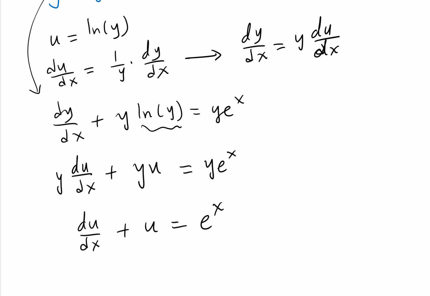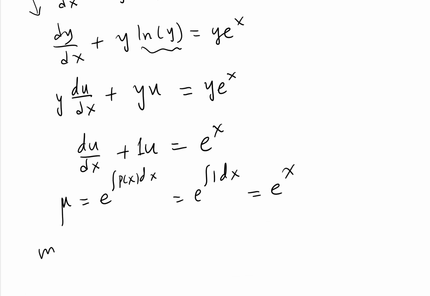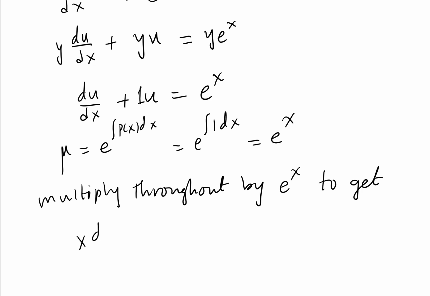To solve this equation, we use the integrating factor, e raised to the integral of p of x dx, which is e to the x here. We multiply the entire equation by e to the x. e to the x times e to the x is e to the 2x.